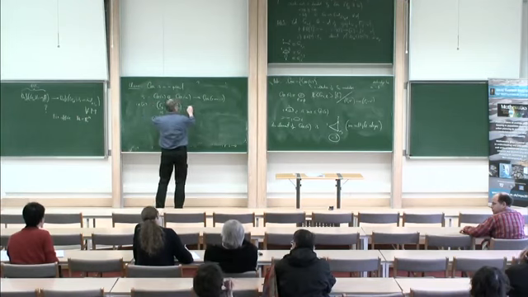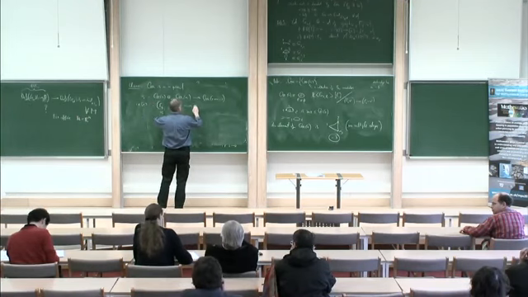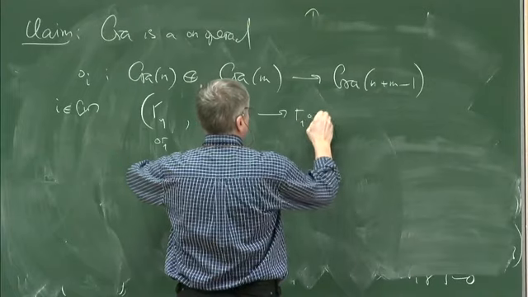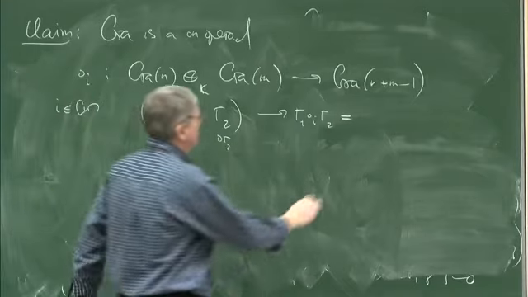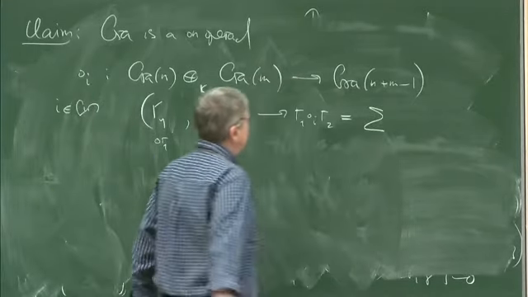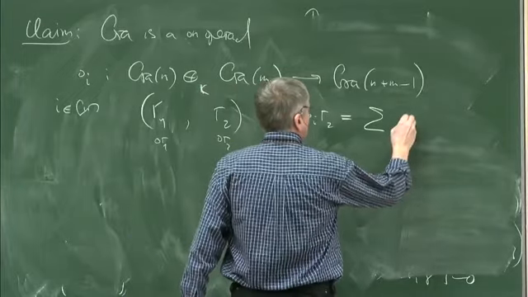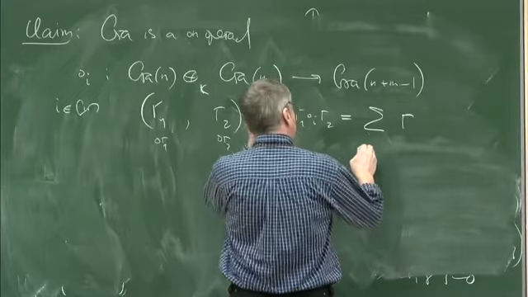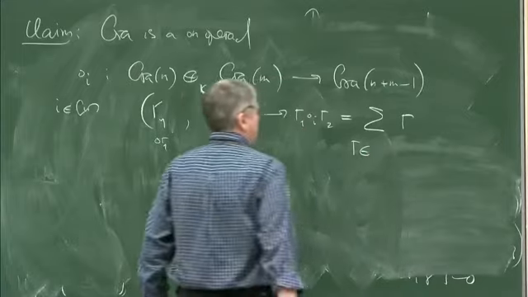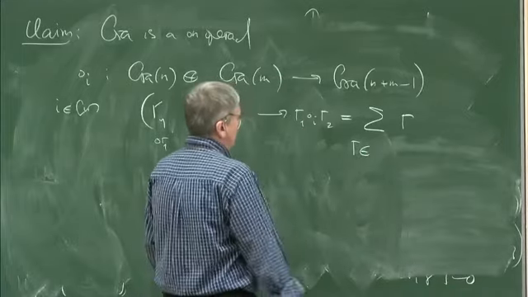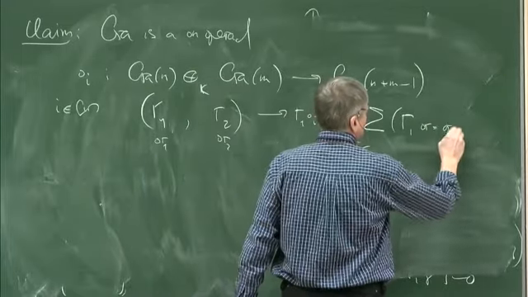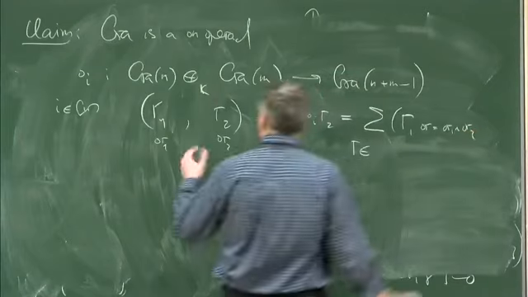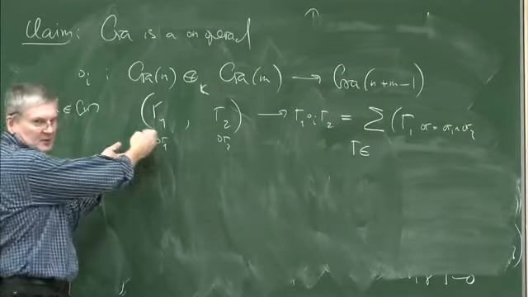Right, and I construct a graph, gamma 1 composed i gamma 2. So this will be a sum of graphs with some orientation, which will be just a product of these.